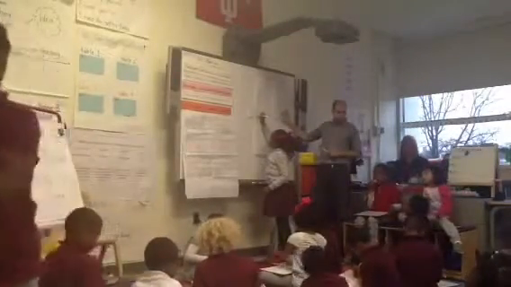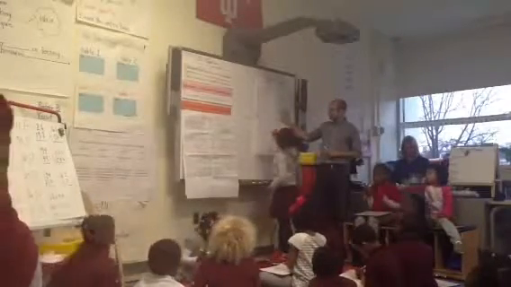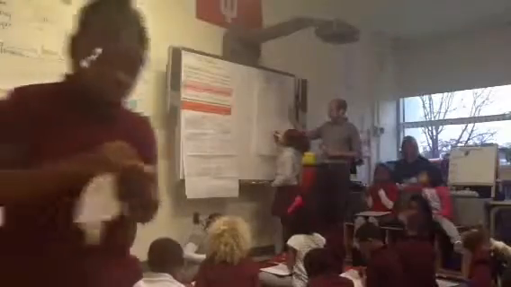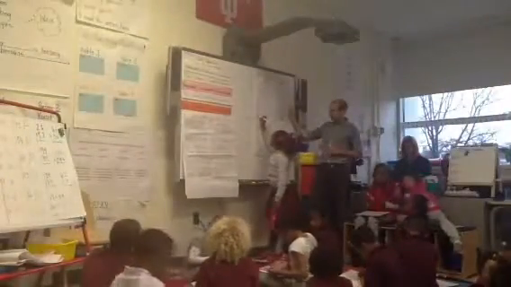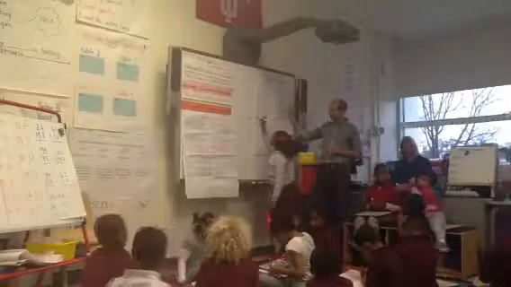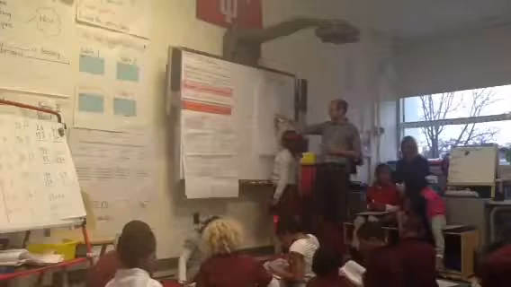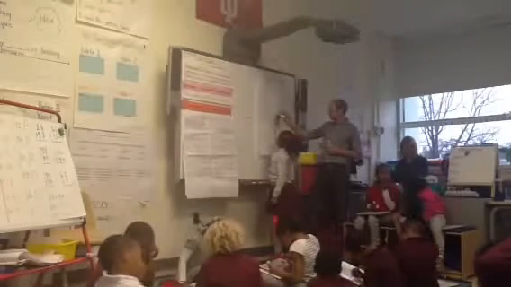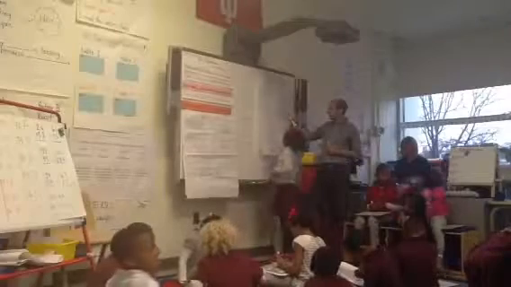Everyone should be tracking up here, seeing if they got the same as Jocelyn. Then you're going to count them to see what you've got left over. You can say equals here. Equals 17. Okay. Thank you, Jocelyn.